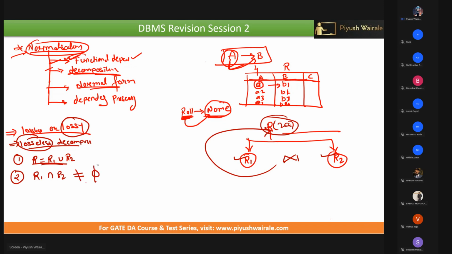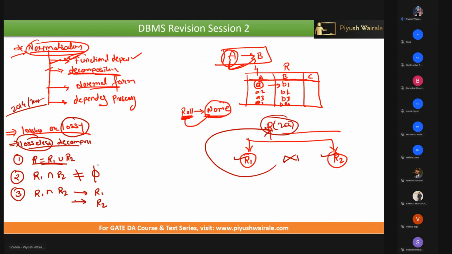Questions can be asked based on these three points as well. You can see the previous year GATE CSE question. There is one 1 mark question for lossless decomposition, from 2014 or 2015. Third one is R1 intersection R2 should determine either R1 or R2 here.